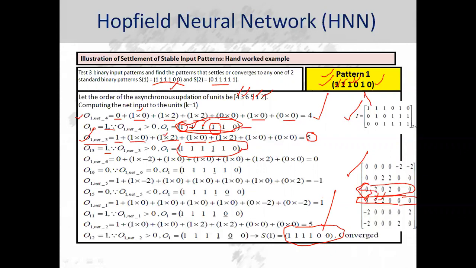For pattern number 1, which was given as input, this S1 sample is produced as output. Or you can say that pattern number 1 was closer to the given input pattern, and hence it should result as output.